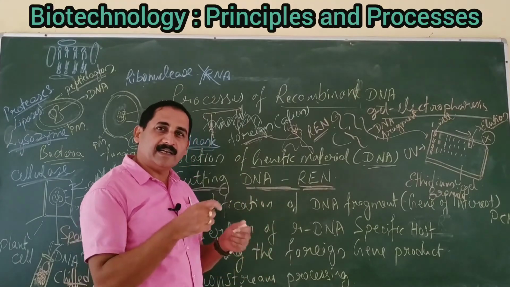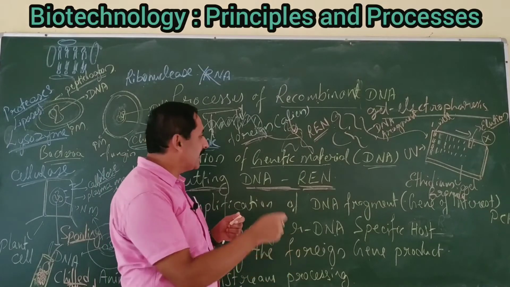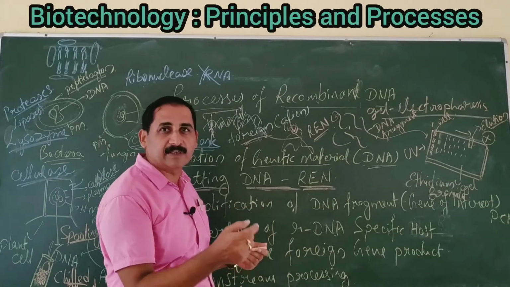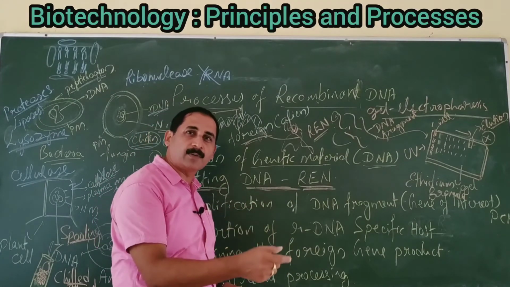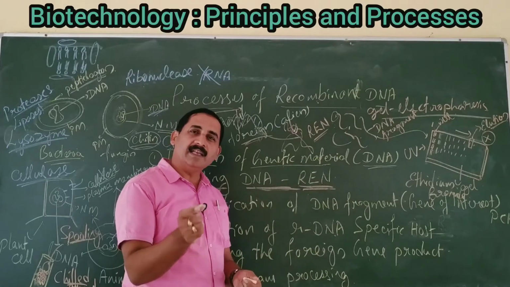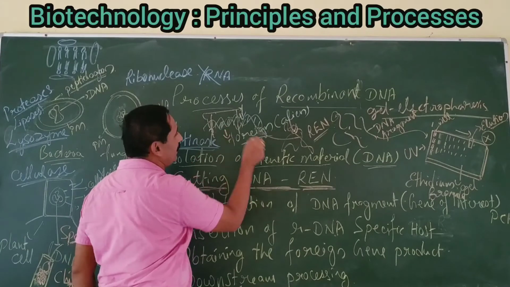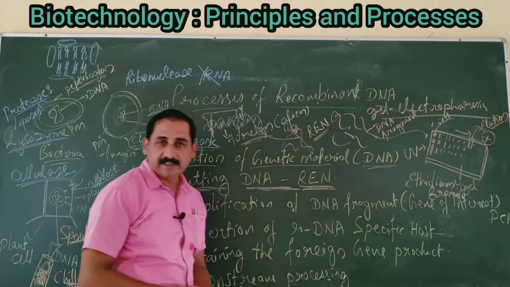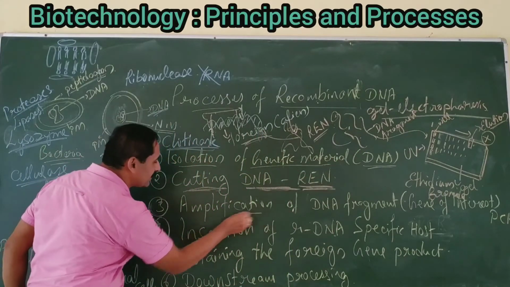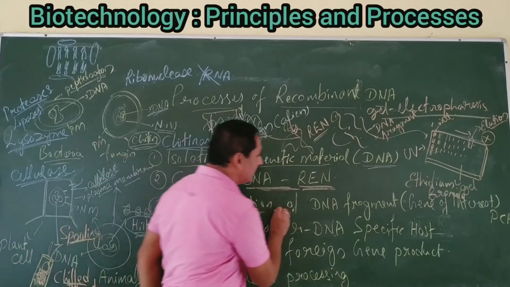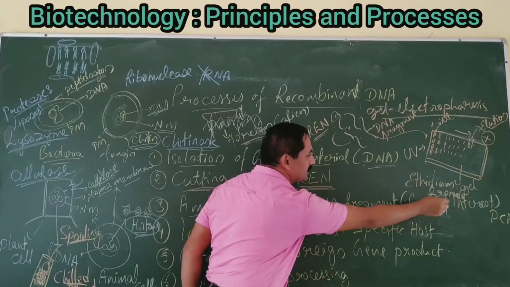So in the laboratory experiment, we have to culture the host or transformed bacteria in millions of copies. So we have to amplify this separated gene.